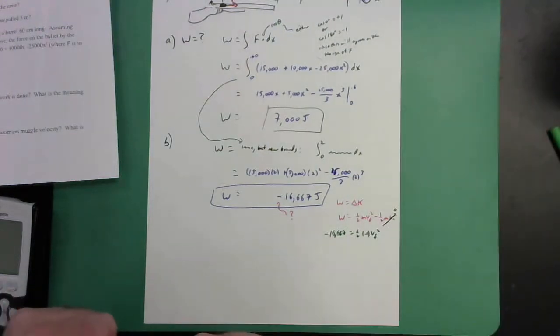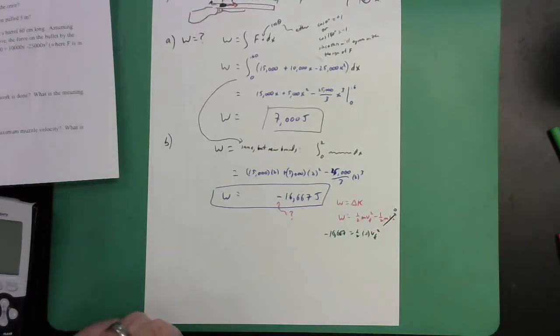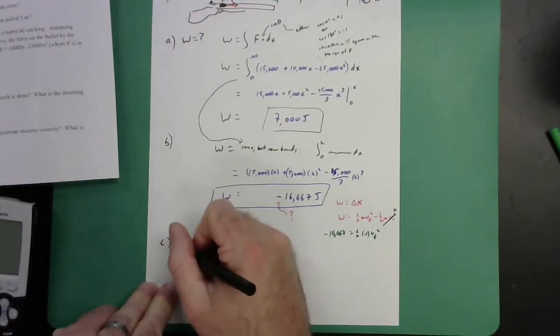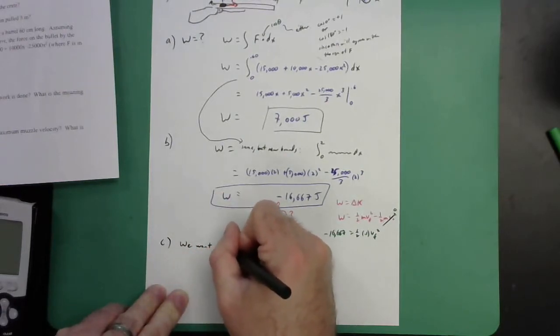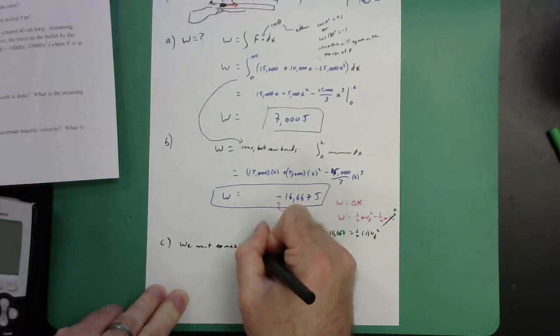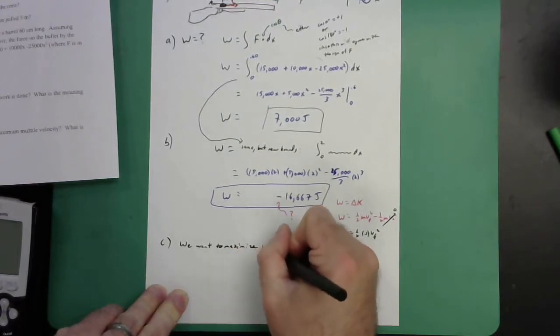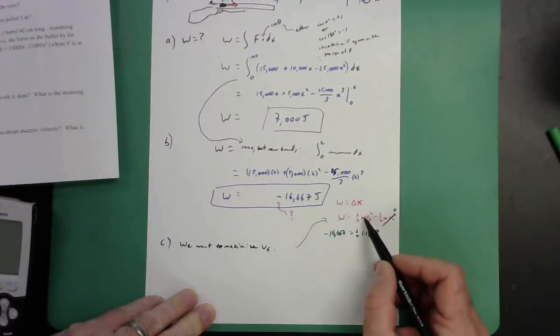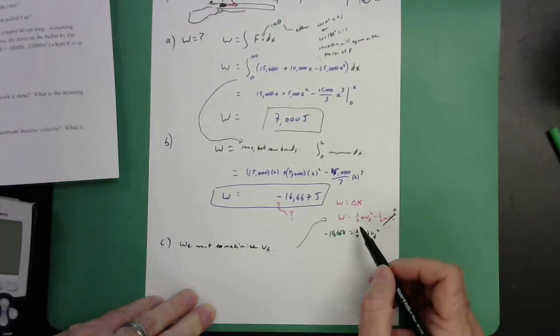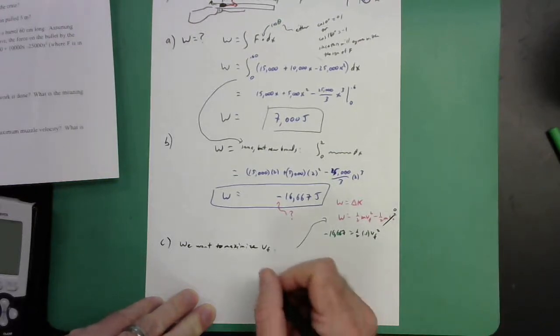All right. So that is the idea. So we want to maximize V final. And I can see from this equation that maximizing this side of the equation would maximize this side. Maximizing the work would maximize the final velocity.